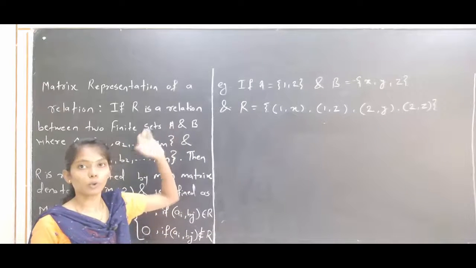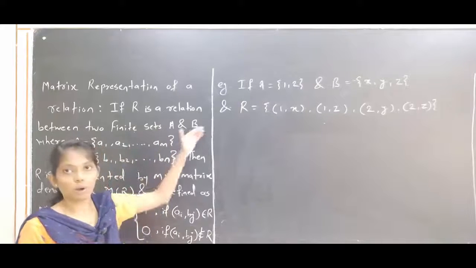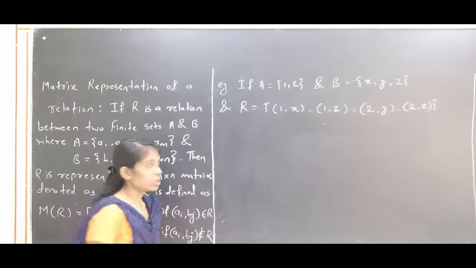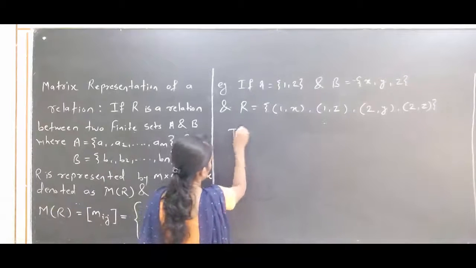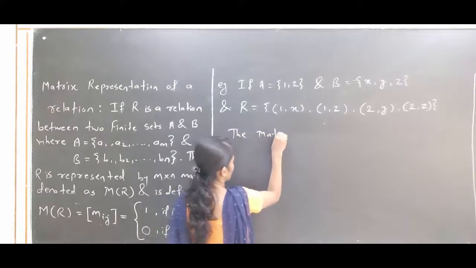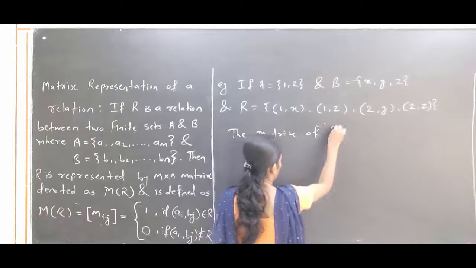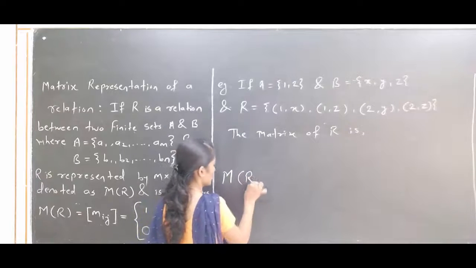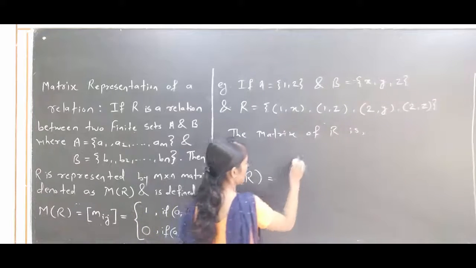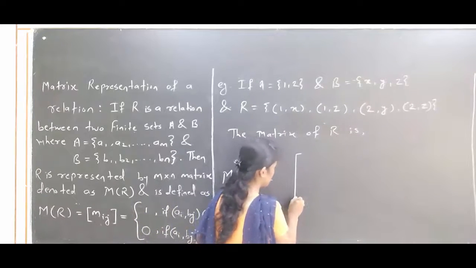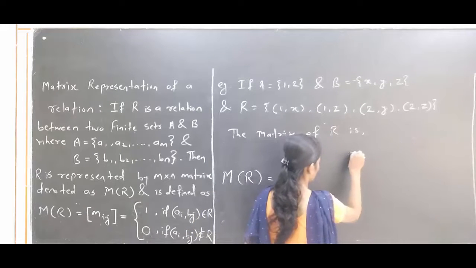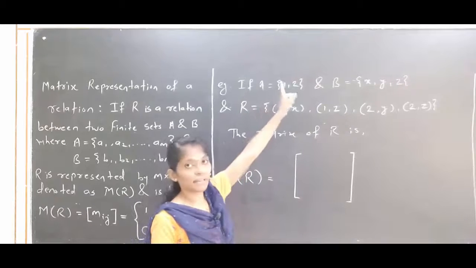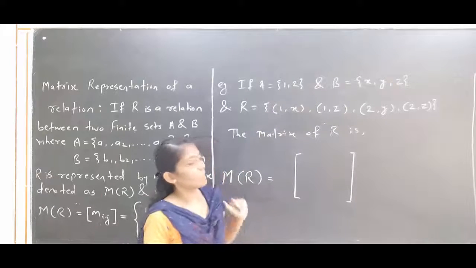So here we want to construct the matrix of relation R. So the matrix of relation is denoted by M of R. Now, here set A contains 2 elements and set B contains 3 elements.